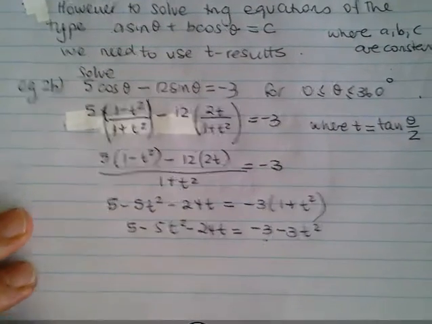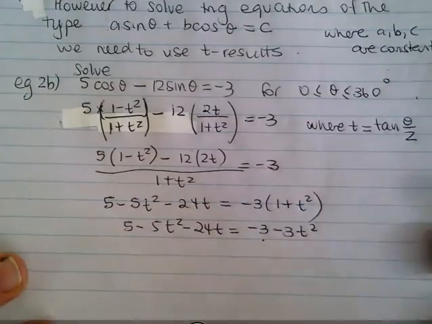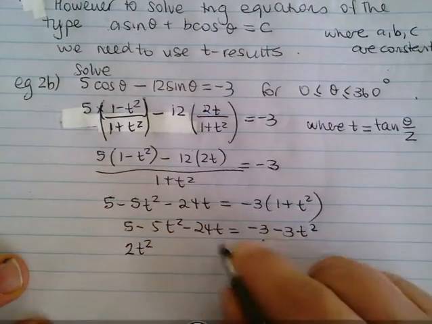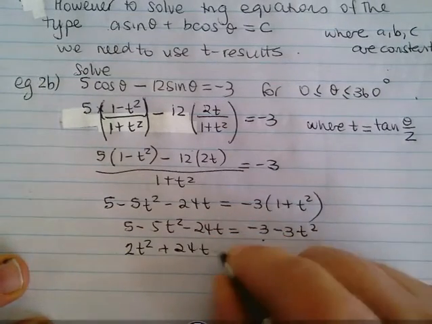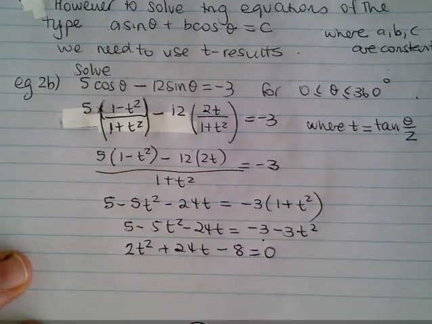Let's take everything over to the right. Minus 3t squared plus 5t squared is 2t squared, plus 24t, minus 3 minus 5 is minus 8, equals 0. Is everyone getting the same?